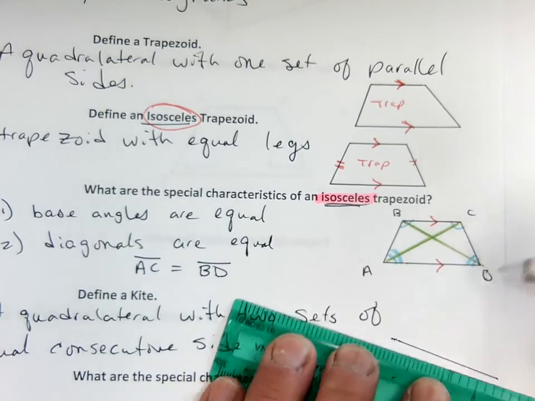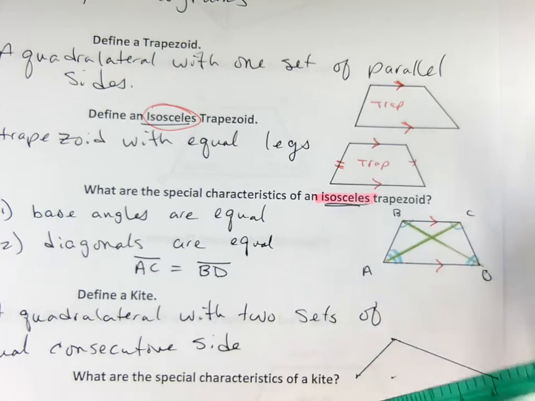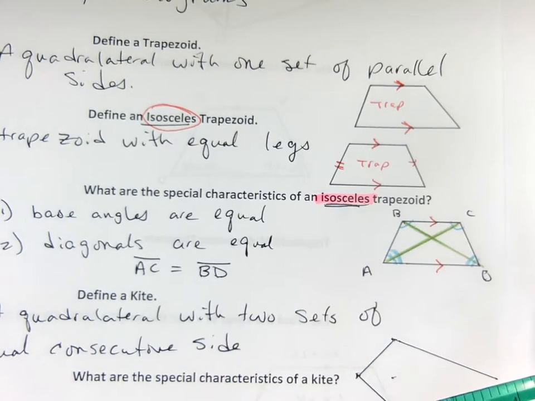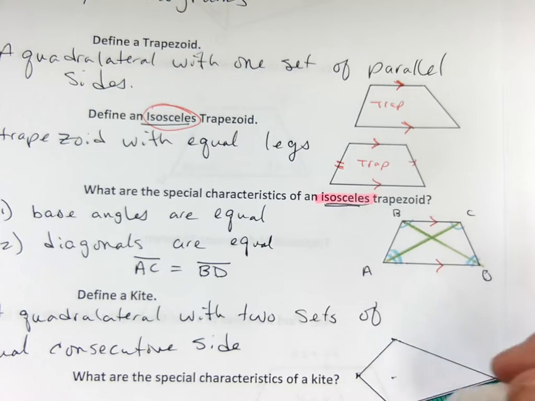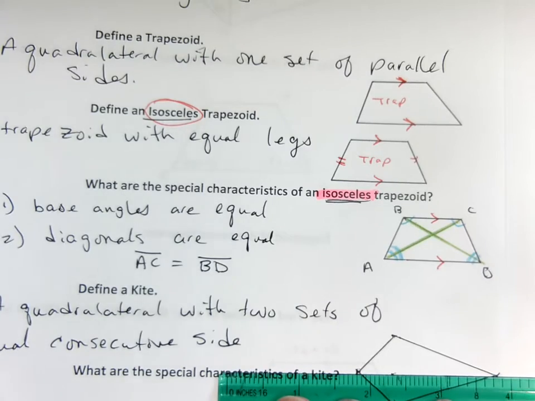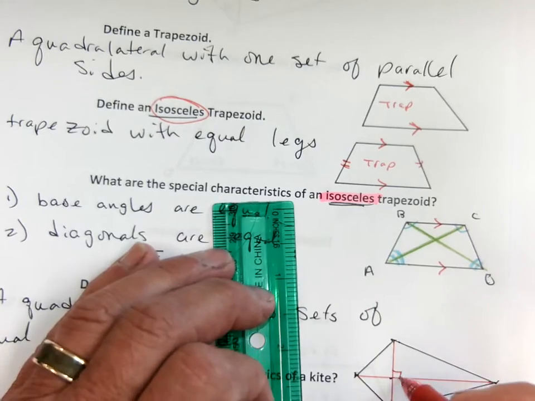All right, let's see here. Here's a kite. Okay, there's a kite. Here's my kite. If you guys were lucky enough to be born without cell phones, you'd probably go out and buy a kite and fly it and have fun. And then what we know is, first of all, the special characteristics. We know the diagonals, like you put the sticks together when you're a kid, you're having fun, you put the sticks together, and that's perpendicular.